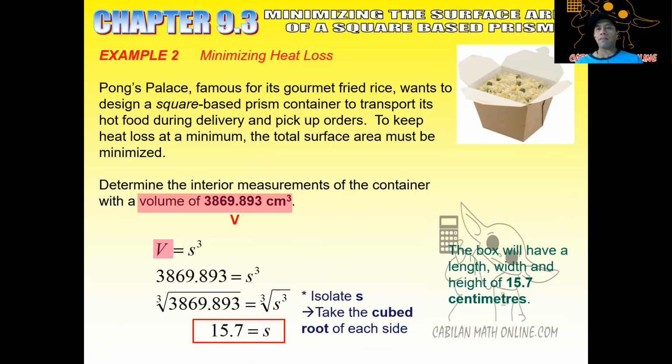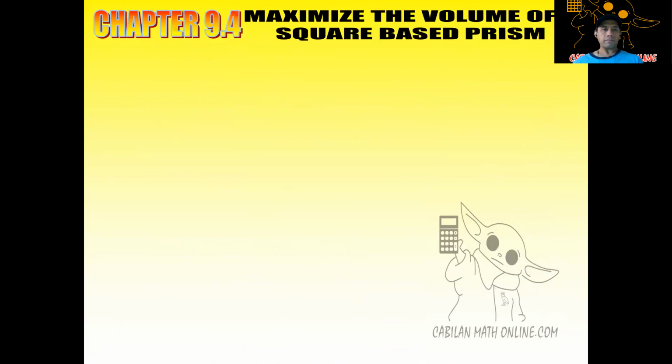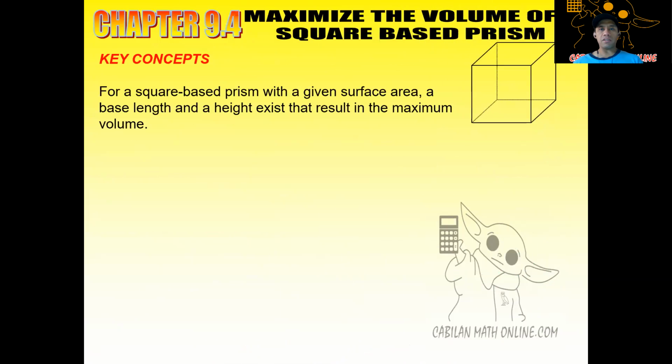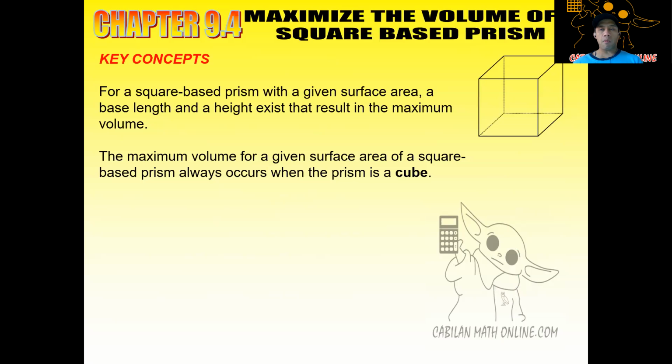Now, in the next example we're going to look at, we're going to work in the reverse, where you're given a surface area, and then from there we're going to figure out what the volume is. Again, it's the same type of problem, just now we're going to use a special surface area formula.